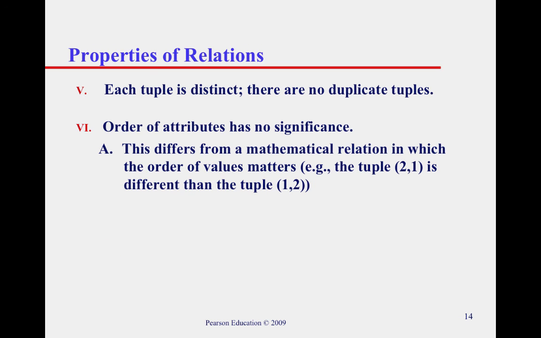Okay, another one: each tuple is distinct, so there are no duplicate tuples, no identical twins. What that means, if every tuple is distinct, what does that tell us about a key? What is one key always going to be?